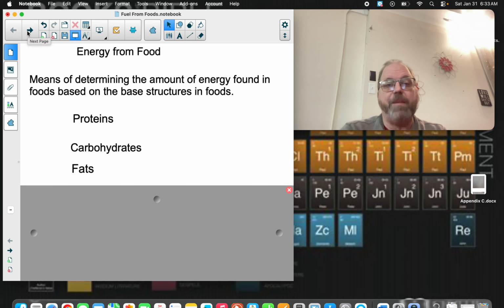Or what they'll do a lot of times is they'll do no carb or low carb diets, remove those so that way the fats have to burn. The only problem is we do need carbohydrates. You can get a keto. I'm not a biologist, but you can get a certain sickness if you don't have a certain level of carbohydrates. So you got to be careful with those kind of diets.